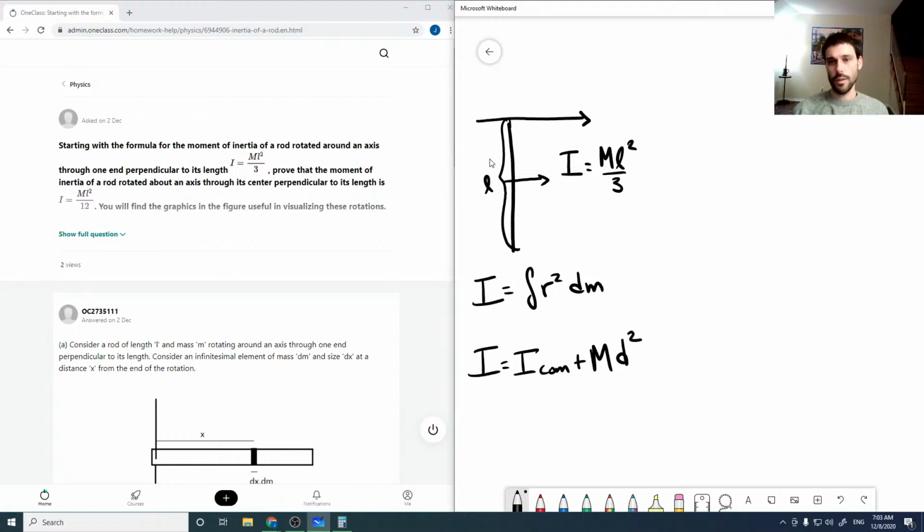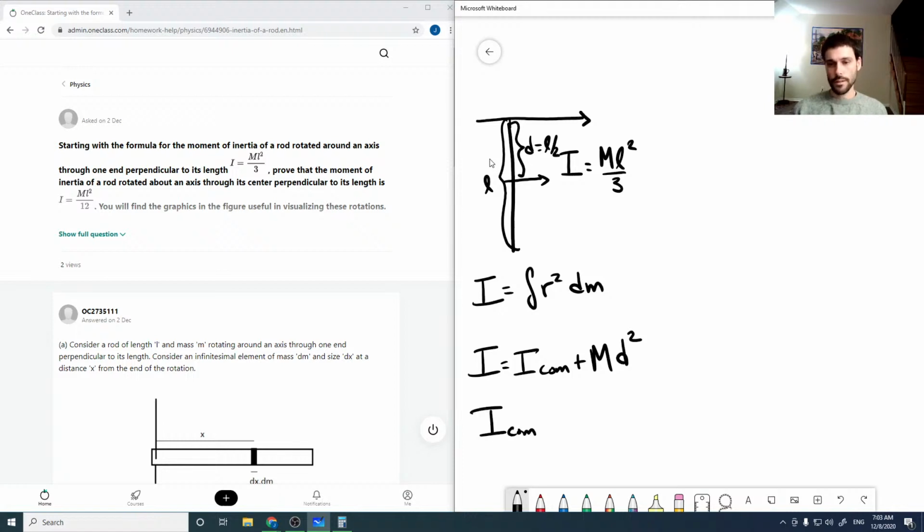So in this case, our d would be L over 2. Now we're given the moment of inertia about this axis and asked to find the moment of inertia about its center of mass. So we would rearrange this.